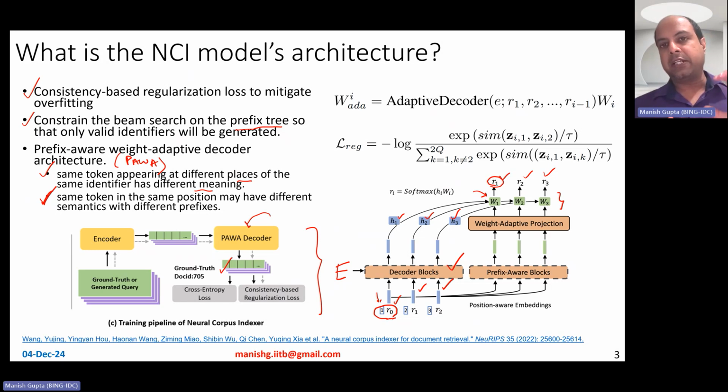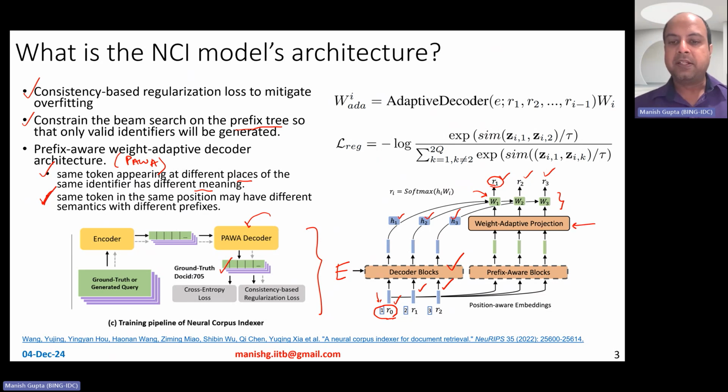Remember, a position here stands for the cluster level, so for different cluster levels you use a different weight matrix. How do you come up with different weight matrices? You do so by using a parallel block of transformer decoder layers. As you see here, this is a parallel block of different transformer decoder layers.